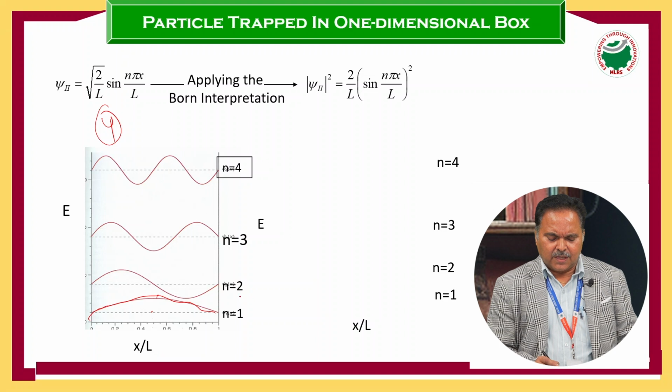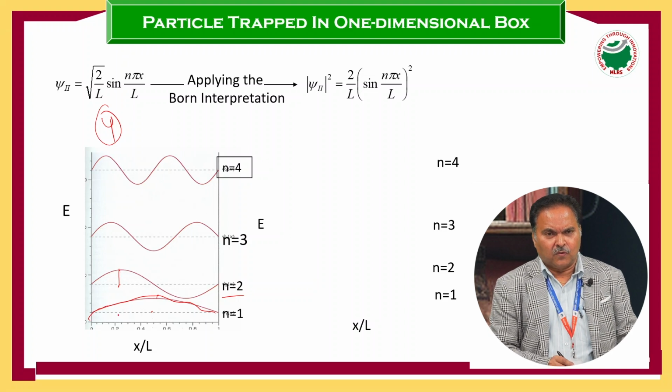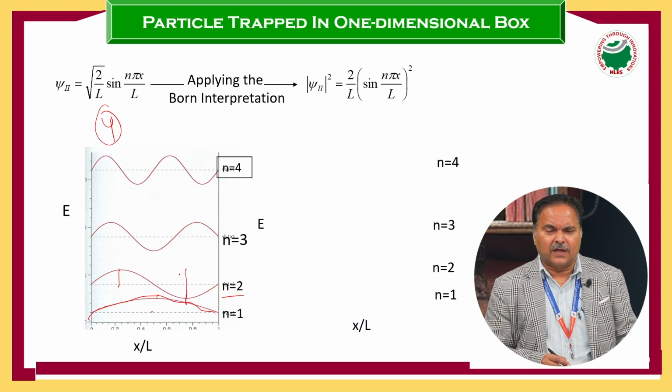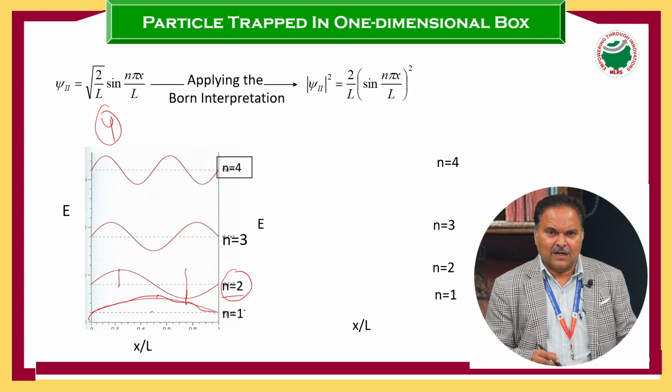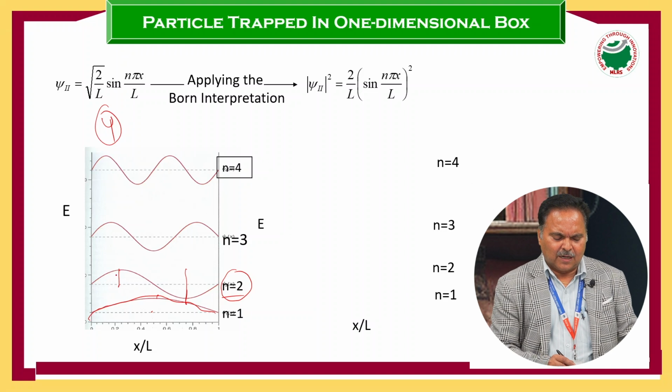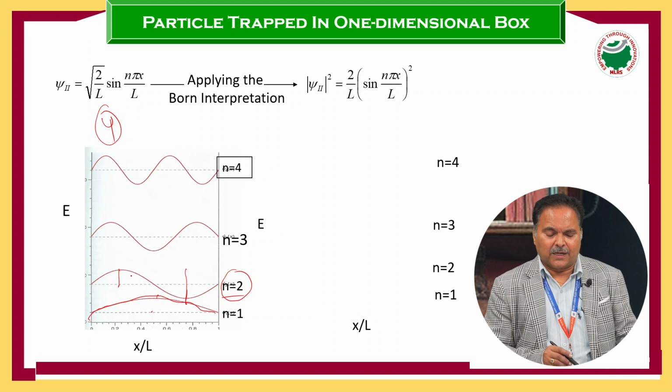If n is equal to 2, there are two possibilities. One maximum is at one-fourth of the box length, and at three-fourths we get another maximum. So for the second energy level, we can find the particle with maximum probability at 2 points.